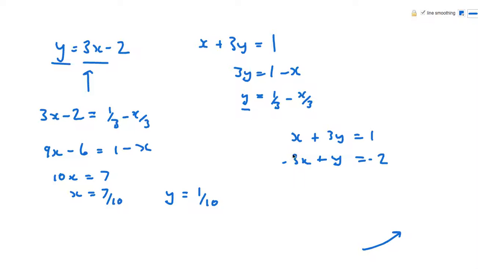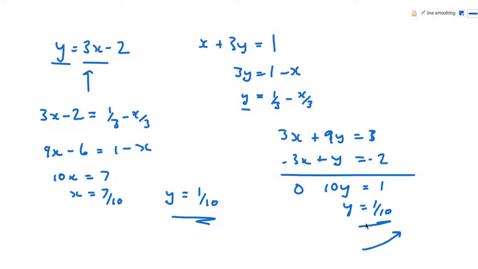I think top's probably the better choice because there's a negative here, so that naturally cancels out. So we'll just do that on the fly. 3x plus 9y equals 3. And then cancel them out. 0, 10y, so add them up, which cancels them out. And that's 1. So y is 1/10, which is what we found earlier on.